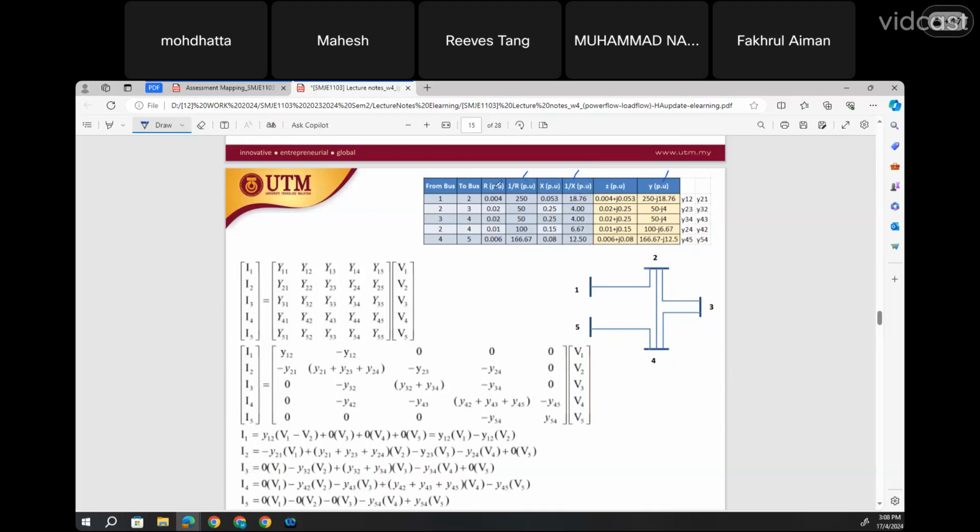If you combine R and X, it will give you the impedance. So here, from bus 1 to 2, we have 0.004 plus j0.053 in terms of impedance. And for the admittance, 1 over the impedance has its value.